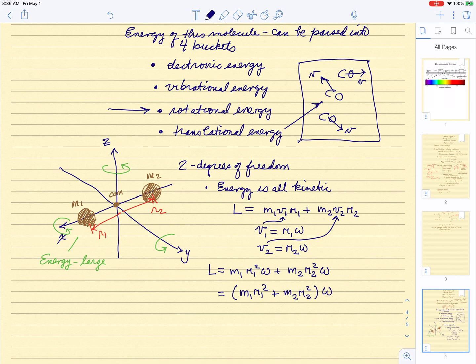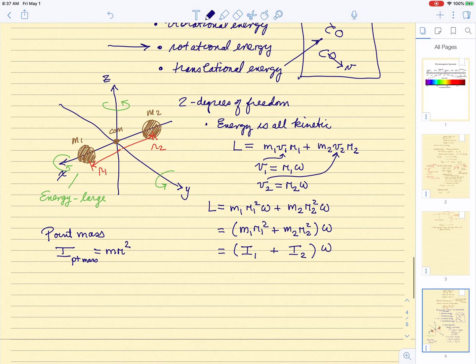And so you'll recall that for a point mass, the rotational inertia is equal to m r squared. So this is going to be the rotational inertia for atom 1 plus the rotational inertia for atom 2, times omega.